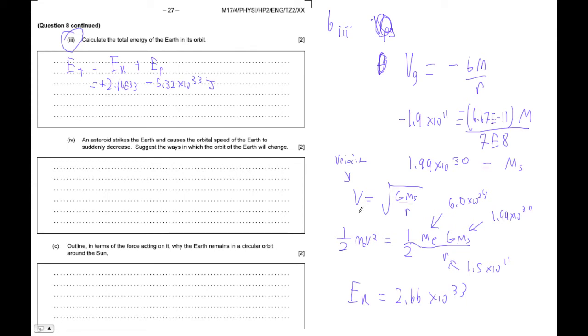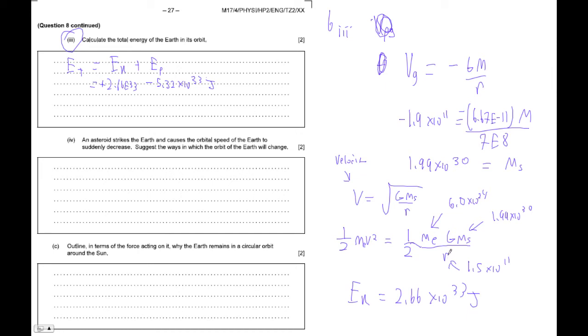And I get the correct answer for the total energy. So that is actually one way to do that. The other way to do this, does this look familiar? This is GMm over 2r.